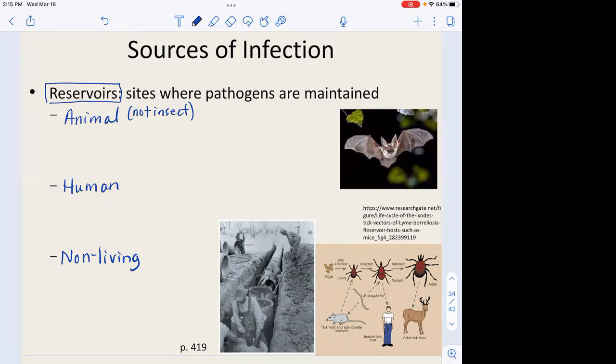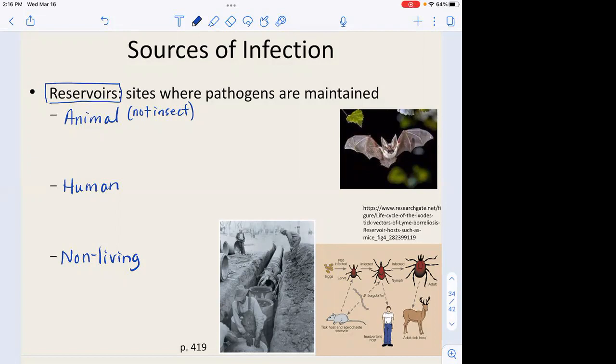During the night, they fly out and travel long distances, maybe come in contact with other bats, and then they come back and roost right on top of each other and poop on top of each other. So they spread infection around between each other. And when we come in contact with it, maybe through their droppings or some other way, then we can become ill.